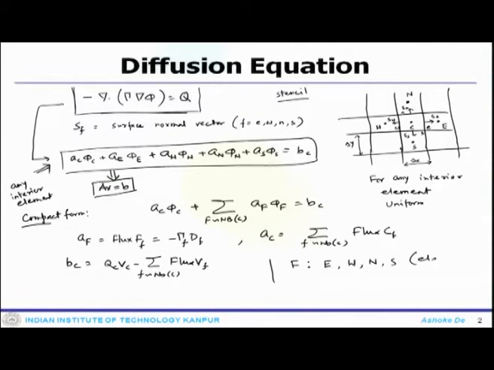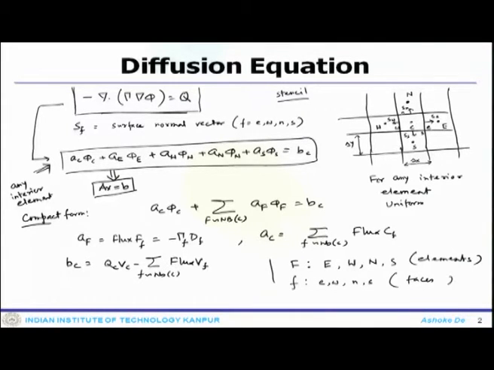This is for elements. So, the element C is surrounded by all these 4 elements east, west, north, south, and small f corresponds to the faces.